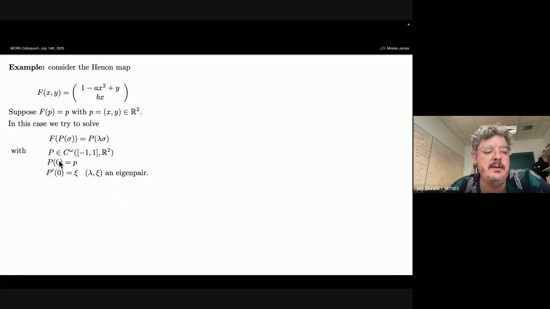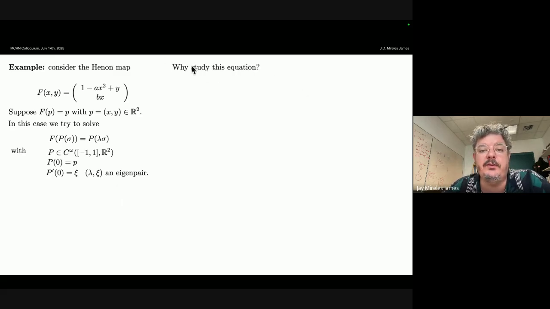I want to normalize so that 0 is taken to the fixed point, and the derivative at 0 is my eigenvector. In other words, I'm imposing that P to first order at 0 is the linear approximation of the stable or unstable manifold.